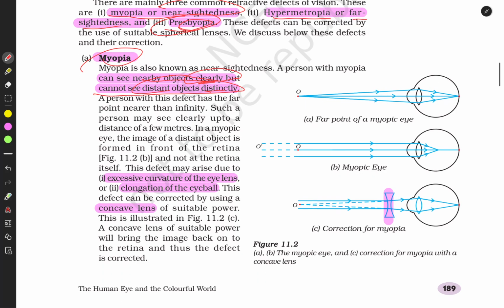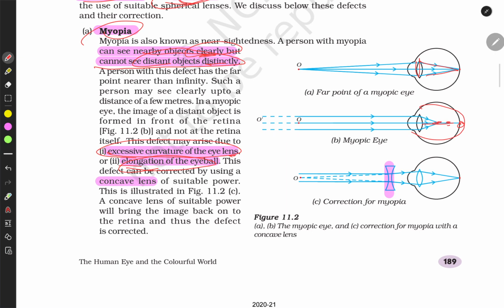So how does this happen? This can be caused by the excessive curvature of the eye lens. If the eye lens is excessively curved, it will bend the light very close. Another cause is elongation of the eyeball. If the eyeball gets elongated, its focal length becomes short compared to the eyeball, and it cannot form the image at the retina.